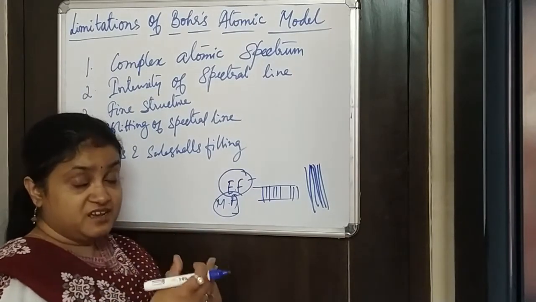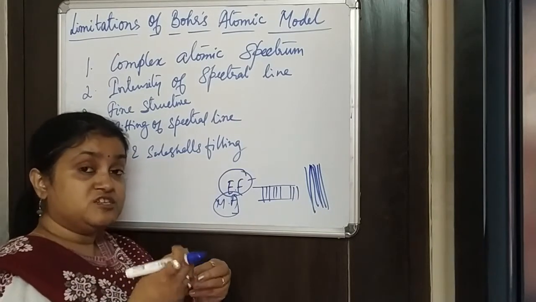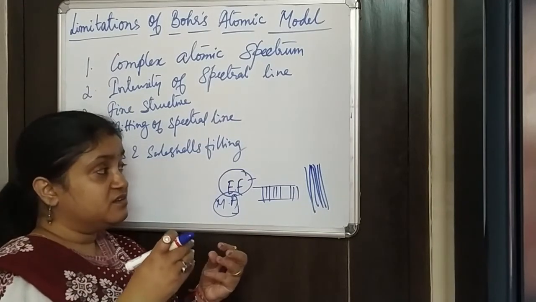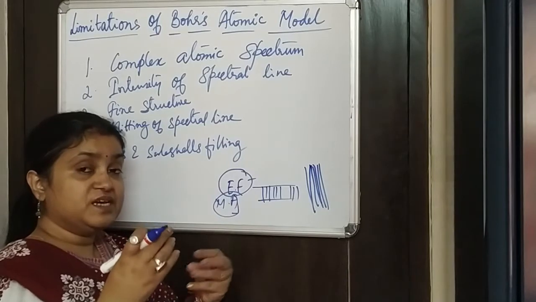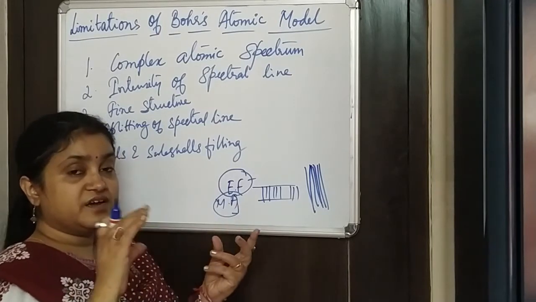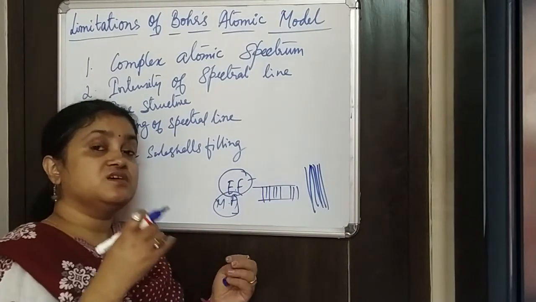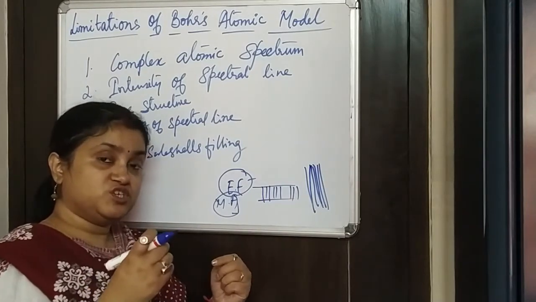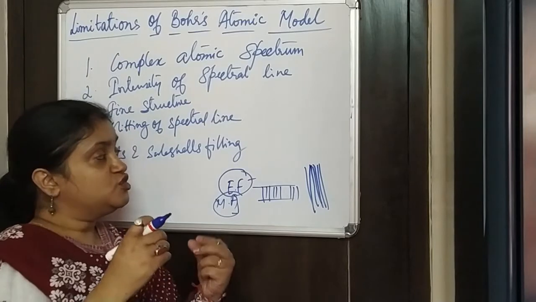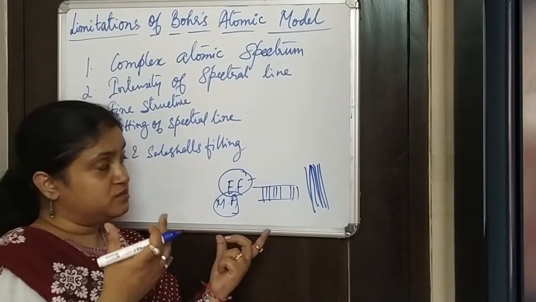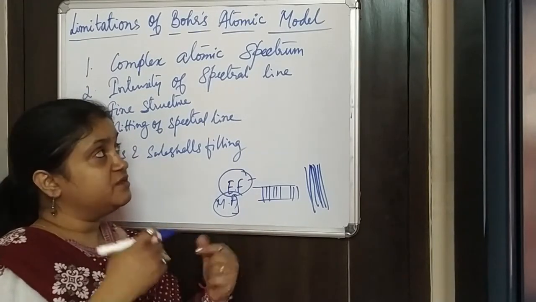There were shells and subshells within these orbits, and electrons were filling into them in various proportions within the same orbit itself, which was not explained by Bohr's atomic model.